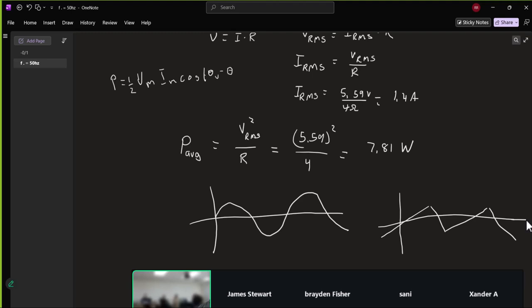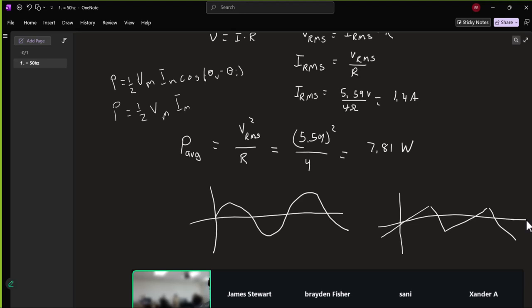So I told you I was going to relate this to power later on, and I am, but I am going to make a real point here. Let's say we're in phase, so our voltage and our current both have angle 0, so the cosine would be 1. In that case, P equals 1/2 V max and I max.